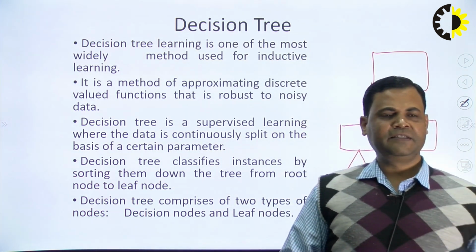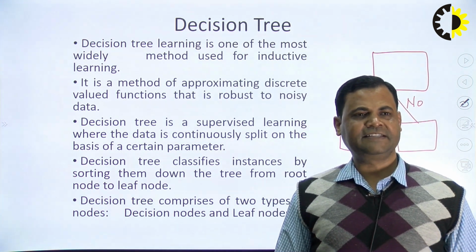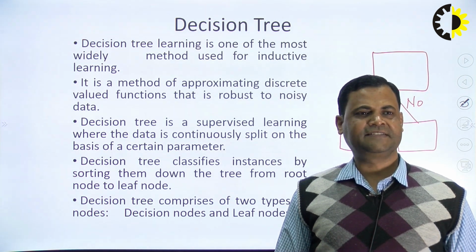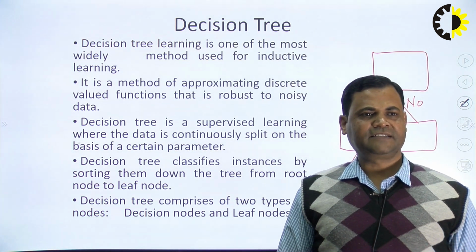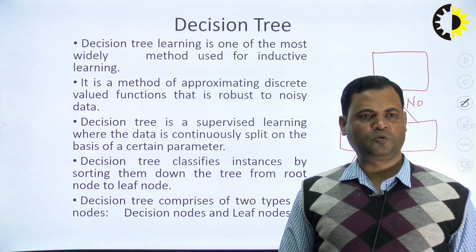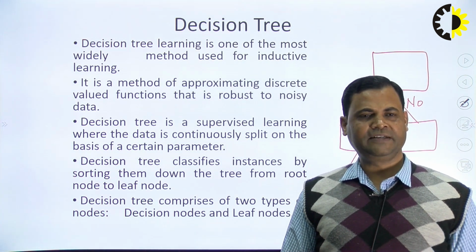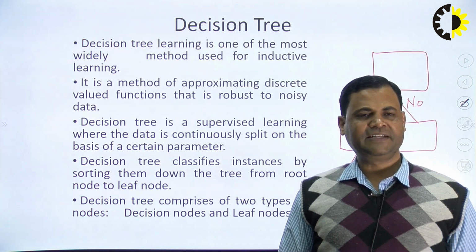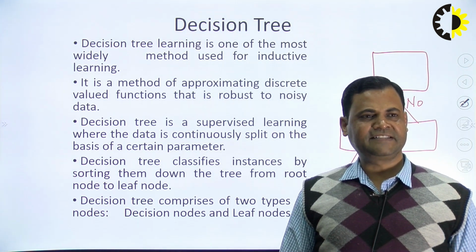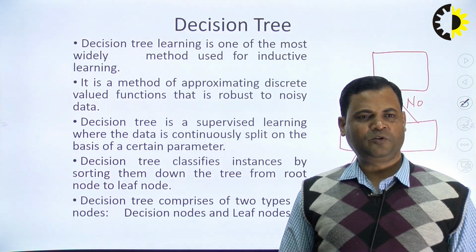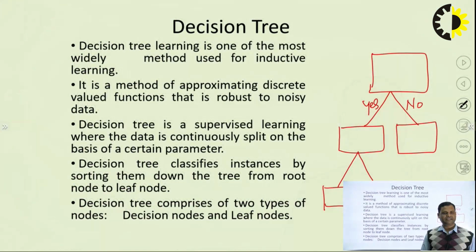So decision tree works as a classifier, which classifies the instances by sorting them down the tree from the root node to the leaf node. From root node to leaf node, it performs the classification, where the different data instances are classified into the parent node, into the sub parent node, into the leaf node, according to their mathematical value, according to the decision performed from root node to sub node, from sub node to leaf node.